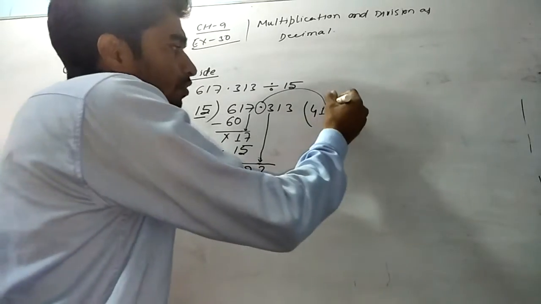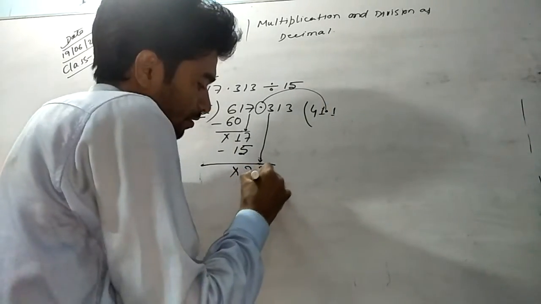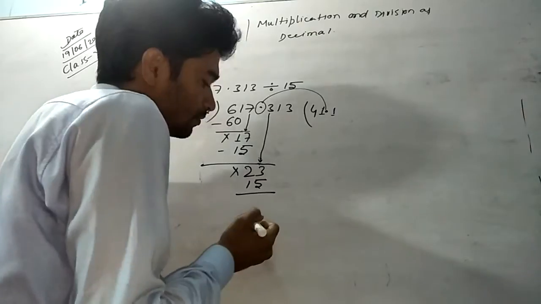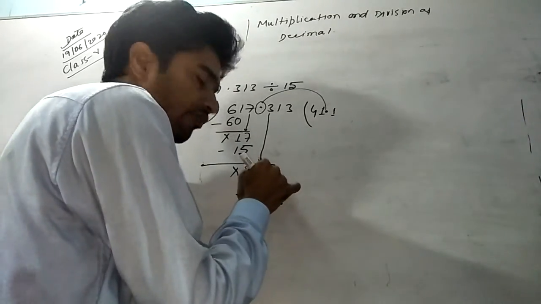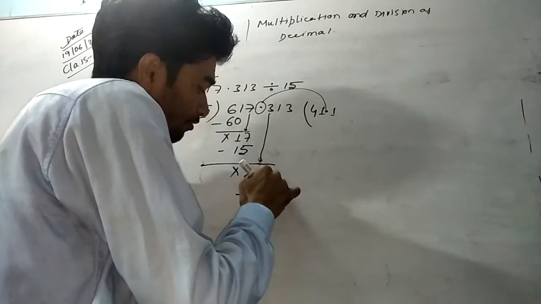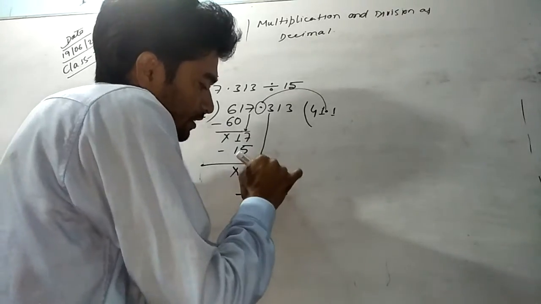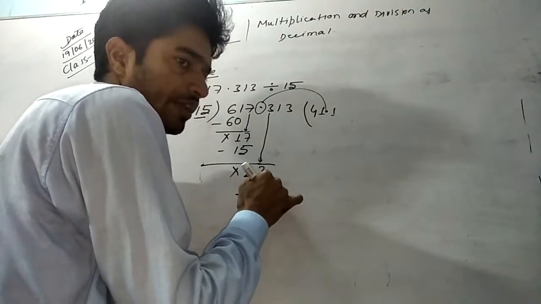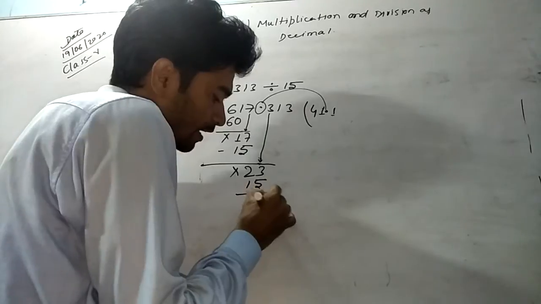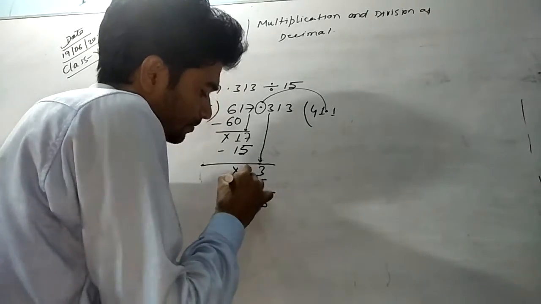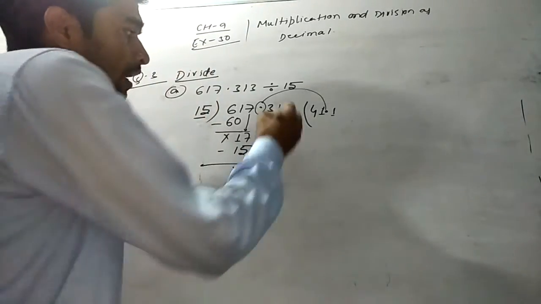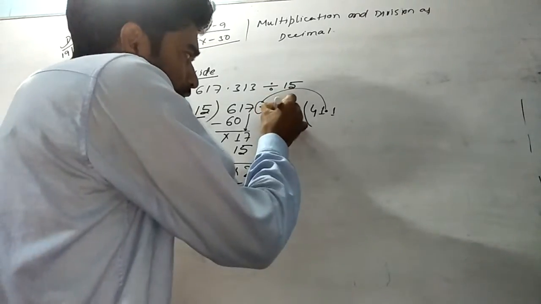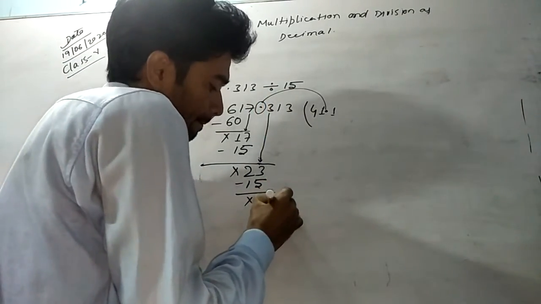So 15 ones are 15. 5 cannot be subtracted from 3, so take 1 carry. This is 13. 13 minus 5 is 8. Now take 1 here.